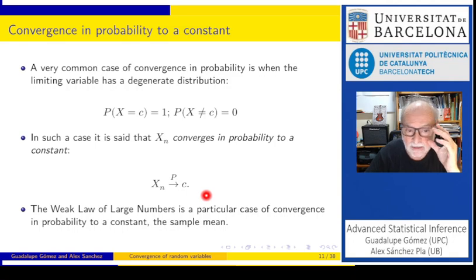Although it may seem a trivial example, it is important because it's the most commonly found example. For instance, the weak law of large numbers is a particular case of convergence in probability to a well-known constant, which is the population mean.